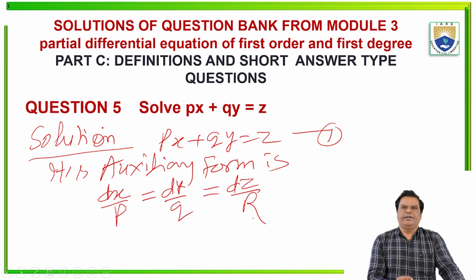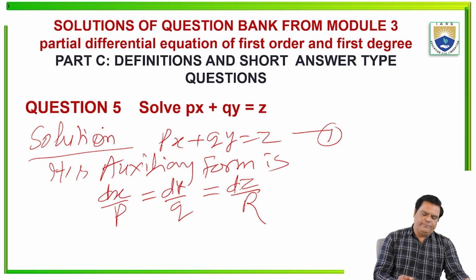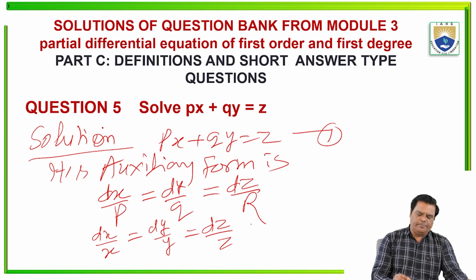This is an auxiliary equation. So now putting the values of p, q, r: p is x, so dx upon x, dy upon y and dz upon z. This is the auxiliary equation of 1.